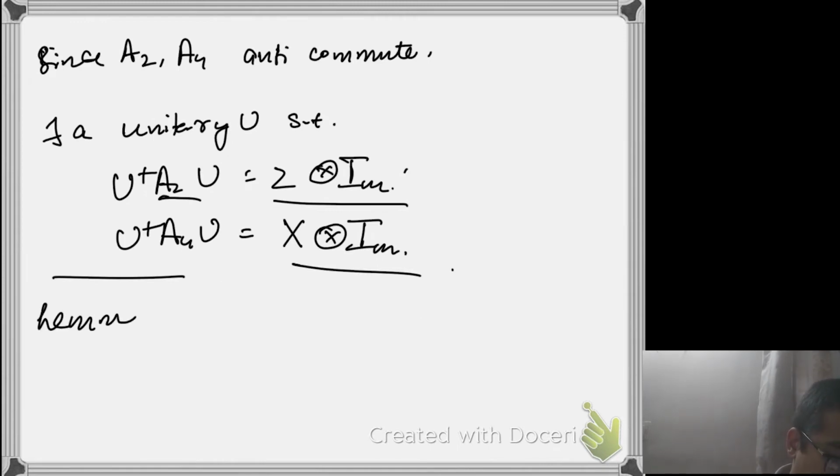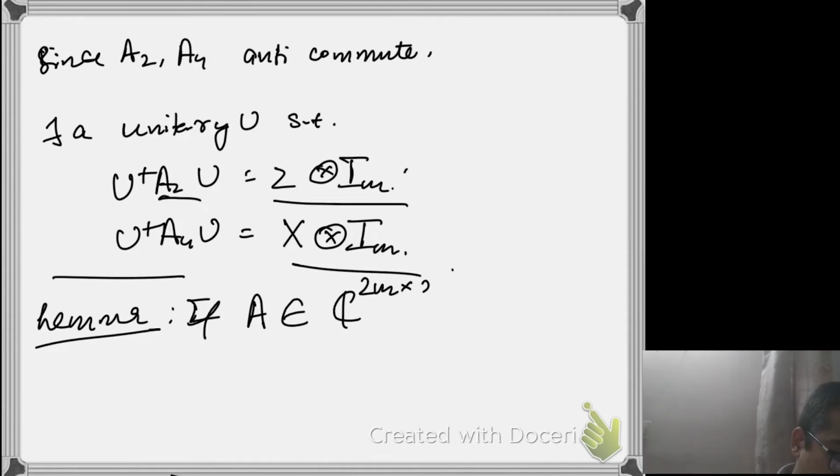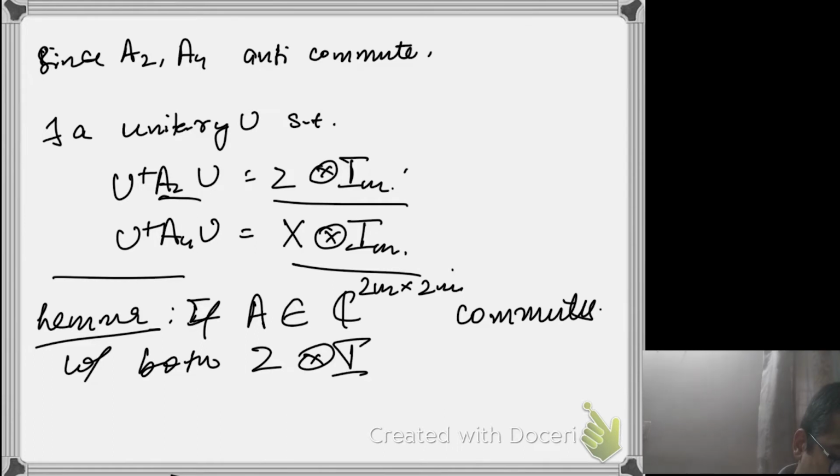So we will actually show this via a lemma. So that if A in C^(2m x 2m) commutes with both Z tensor IM and X tensor IM, then, or rather let me put it as if and only if.